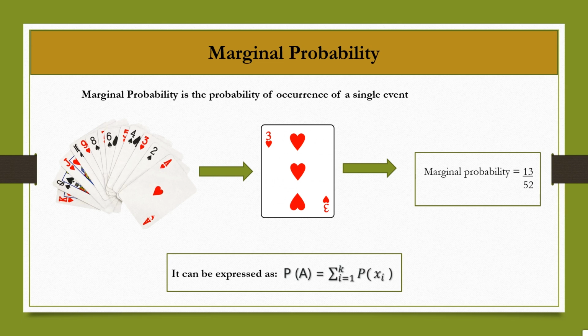The probability is 13 by 52, since there are 52 cards in a deck and 13 of them are hearts. So your marginal probability will be 13 by 52. That's about marginal probability.